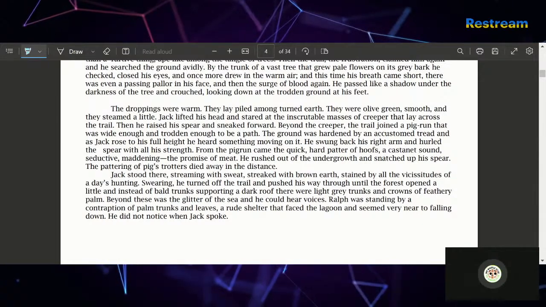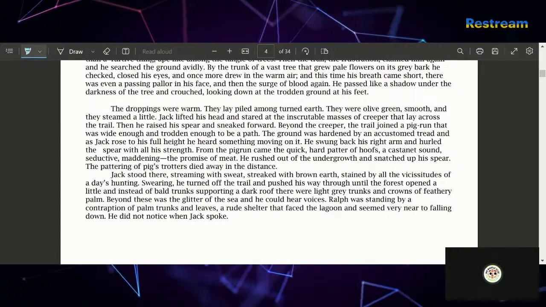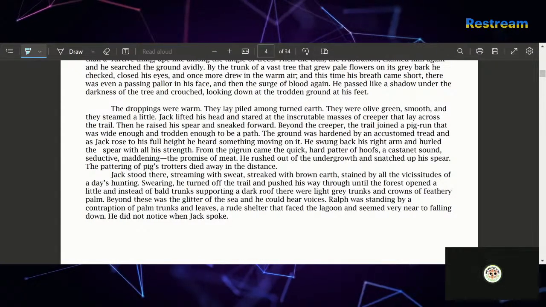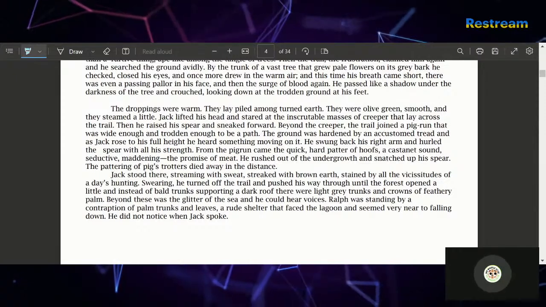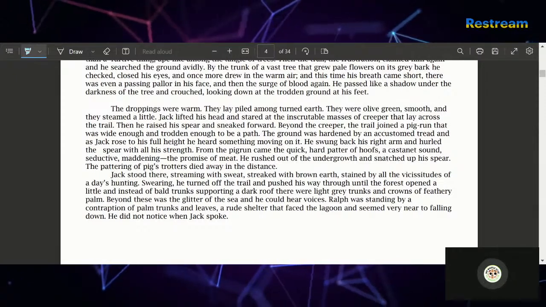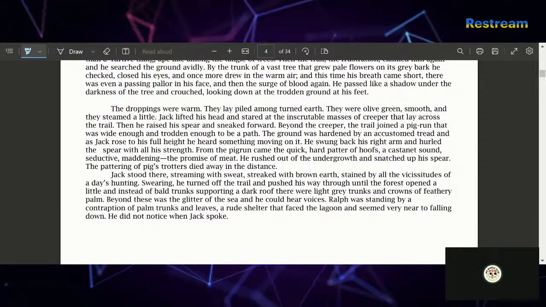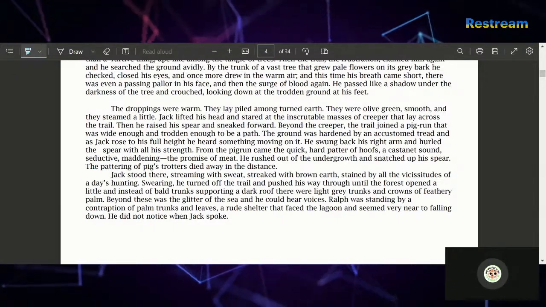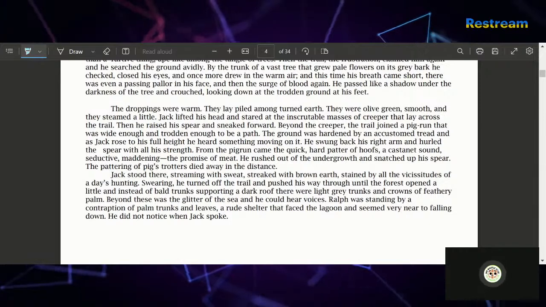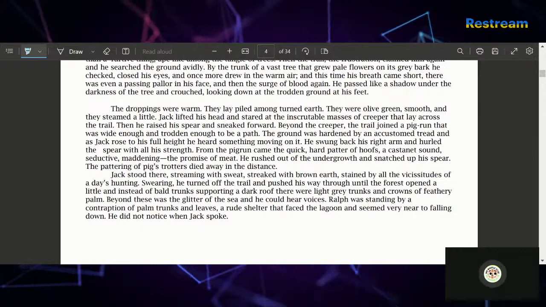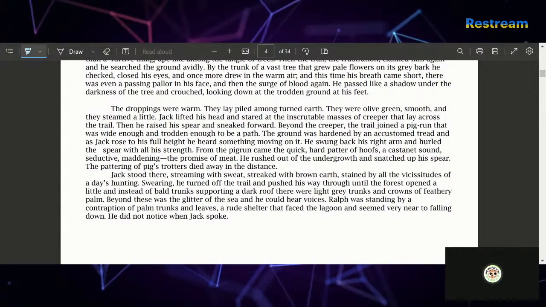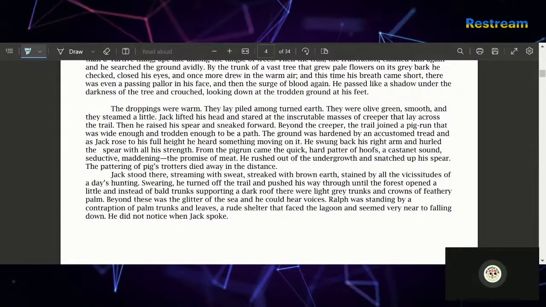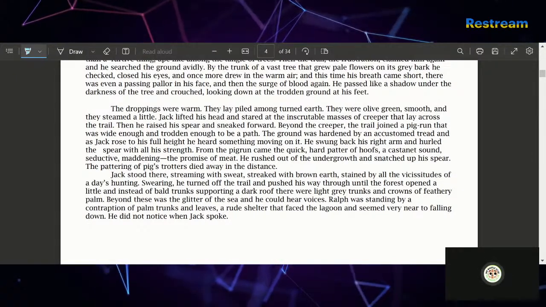Swearing, he turned off the trail and pushed his way through until the forest opened a little, and instead of bold trunks supporting a dark roof, there were light grey trunks and crowns of feathery palm. Beyond these was the glitter of the sea, and he could hear voices. Ralph was standing by a contraption of palm trunks and leaves, a rude shelter that faced the lagoon and seemed very near to falling down. He did not notice when Jack spoke.